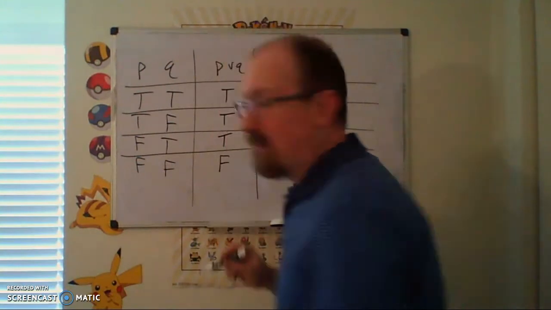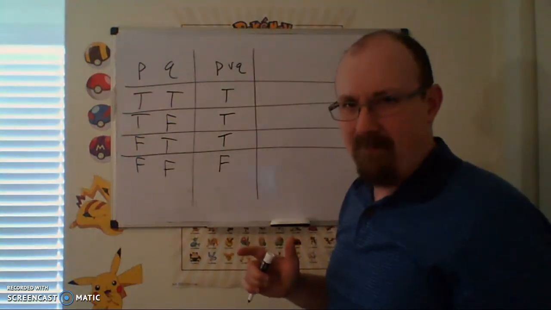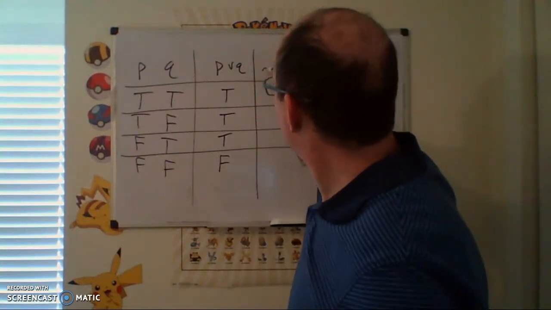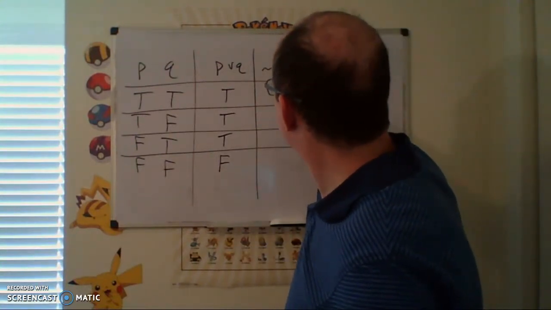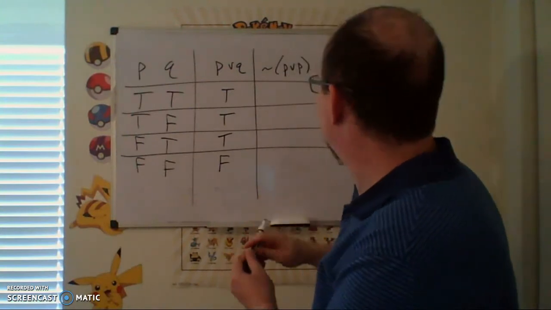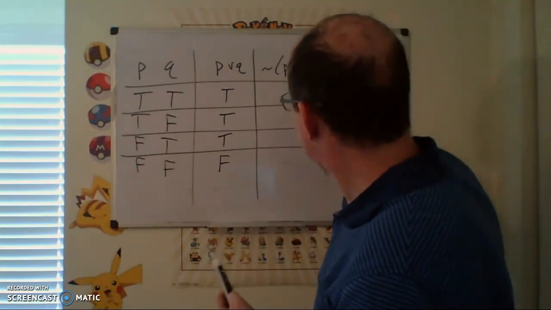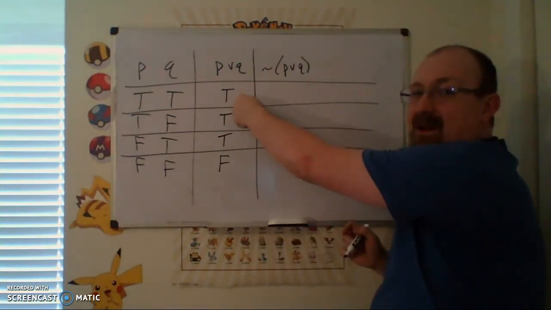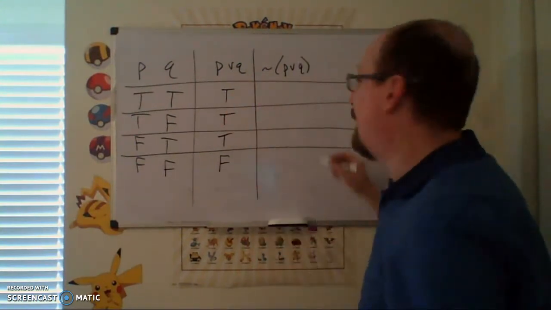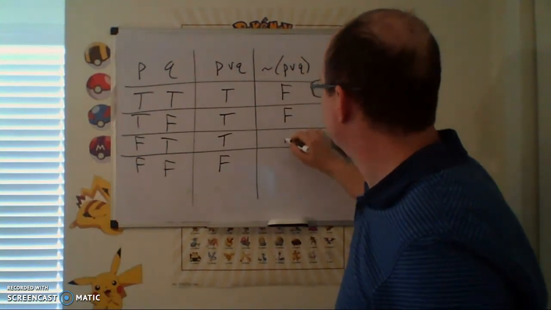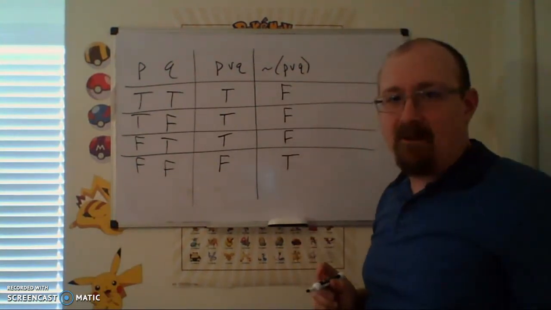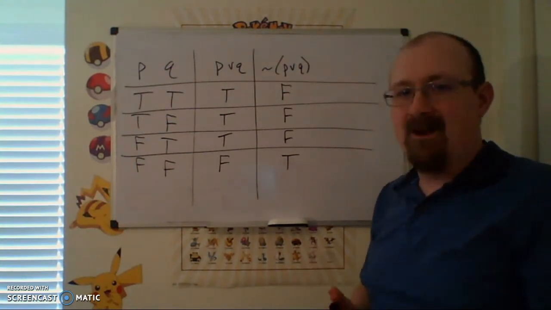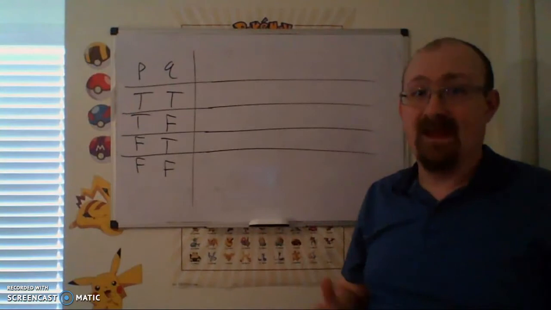And for what it's worth, if you had just copied that arrangement off the base truth table for a disjunction, that's fine. Now we negate this. So that should not be P or P. Oops. It's P or Q. Now we just take this column right here, and we flip all the true-false values. So we flip the switch, and we've got false, false, false, true. Okay.